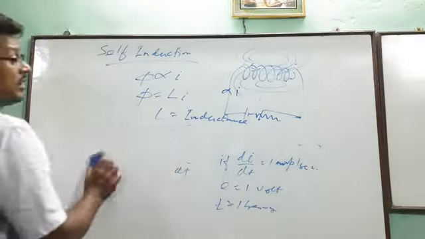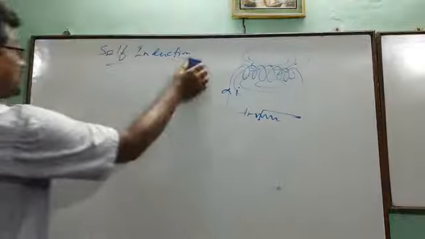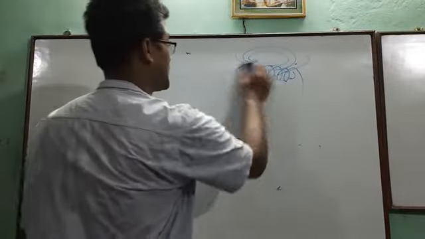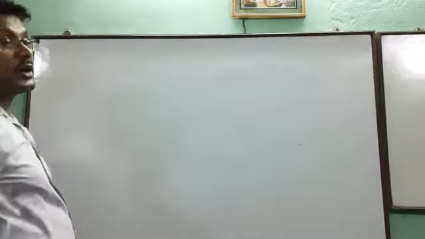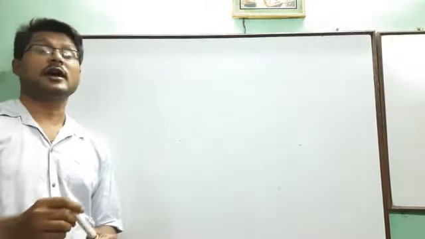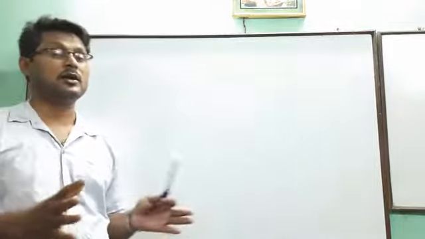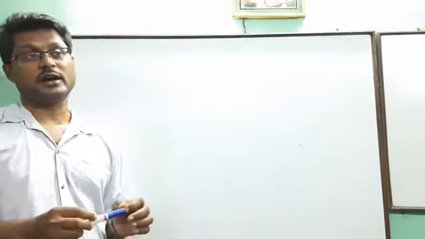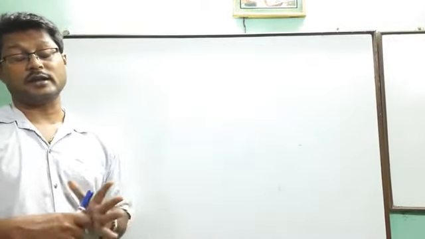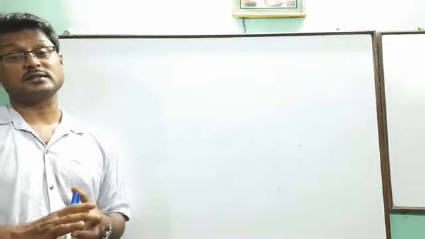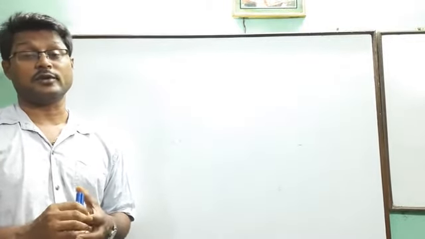Now, how can we find out the self-induction value? Here is one important concept I said earlier, that due to self-induction it will oppose the growth and decay of current. So you can say that inductance is the measurement of electric inertia of a coil.